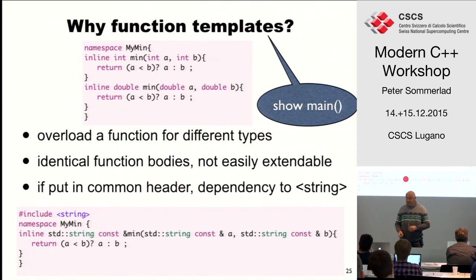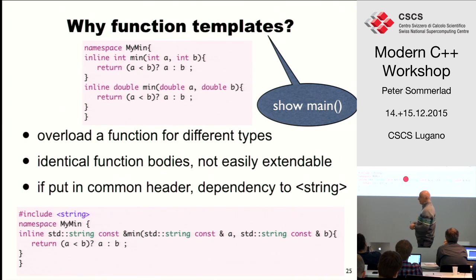And if we have these identical function bodies, it's not easily extendable. If we want to use, let's say, unsigned values, we could call it. We might get ambiguities. You might get interesting results, because depending on what kind of unsigned types, it might promote to double or not.